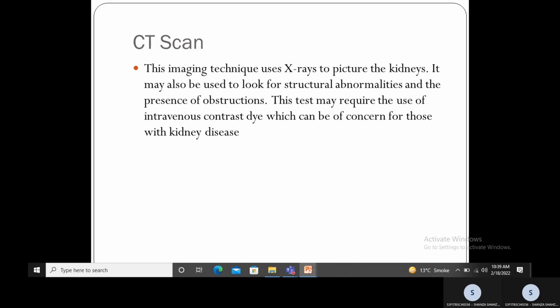It may also be used to look for structural abnormalities and the presence of obstructions. This test requires the use of intravenous contrast dye, which can be of concern for those with kidney disease.